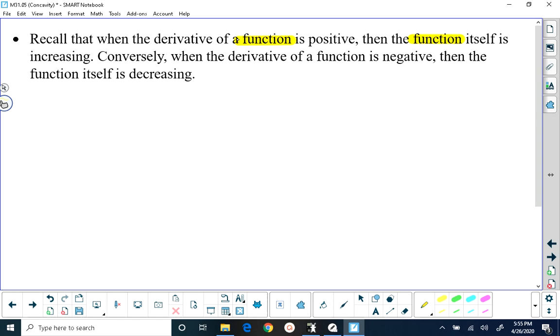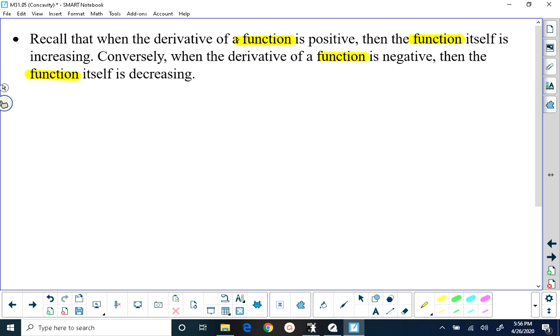If I found the derivative of the mouse population in an old abandoned barn is positive, then the mouse population in the old abandoned barn is increasing. So whatever it is the derivative of, that is the thing that is changing. As well, obviously, if the derivative of a function is negative, then the function itself is decreasing.